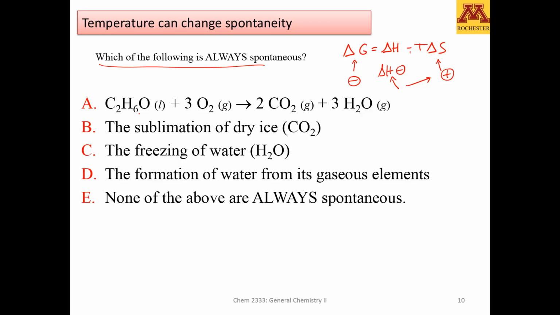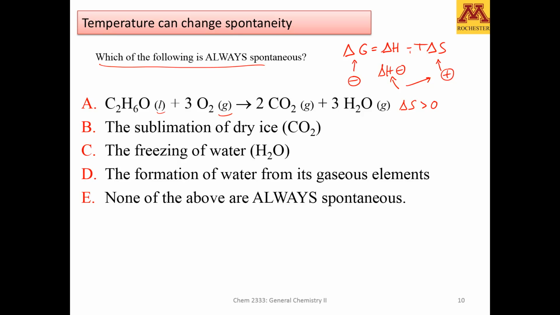Alright, so let's see here. In this case, we're going from 4 molecules to 5, and even that, the 5 molecules are gas while this molecule is liquid. Definitely this entropy is positive. What can we say about the enthalpy? Remember that this is a combustion reaction.